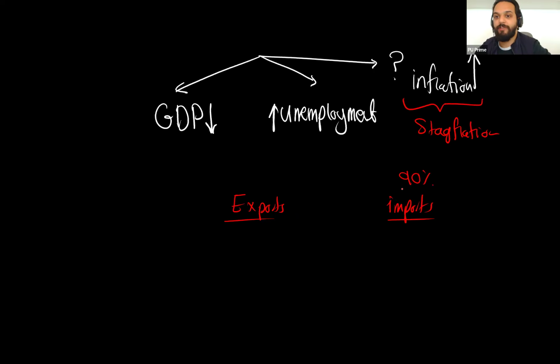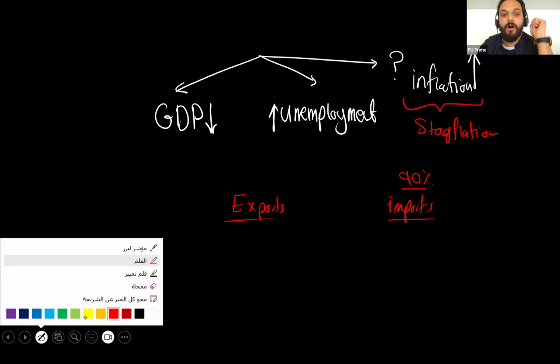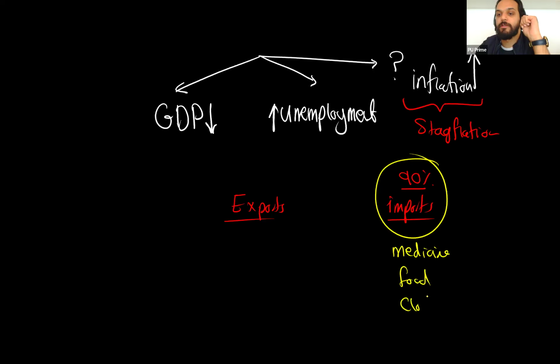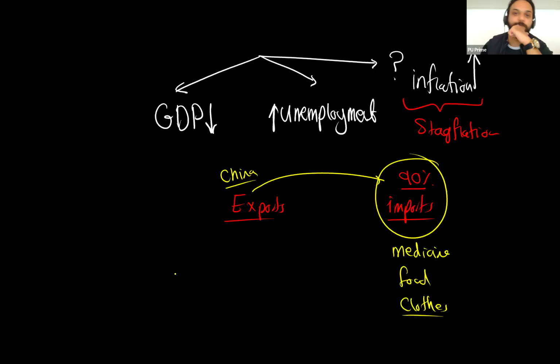Now, 90% of Egypt's basic needs like medicine, food, clothes are imported from other countries. Okay, good. Now, if you are importing 90% of your basic needs, such as medicine, food, clothes, you are getting these from, for example, let's say China.